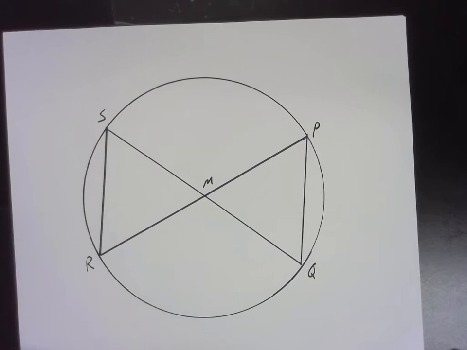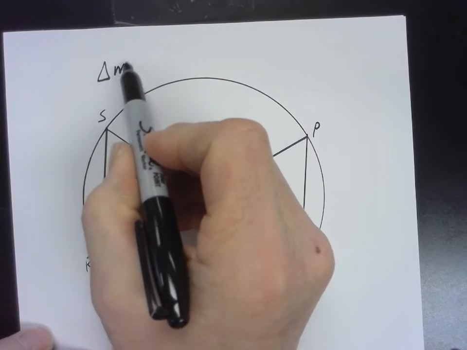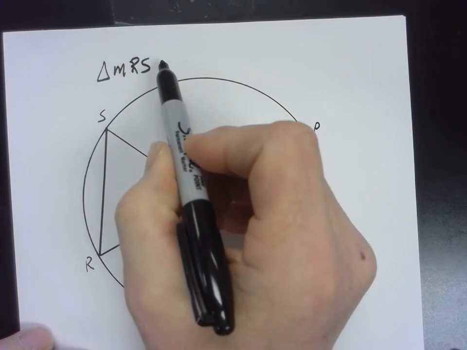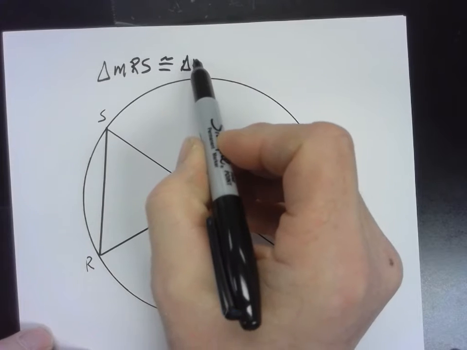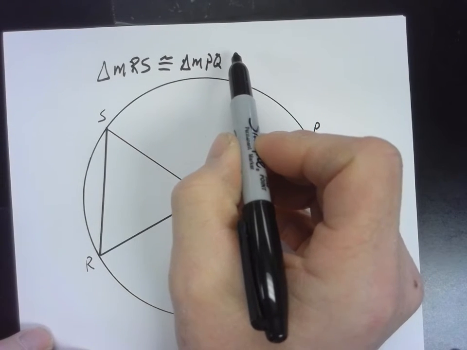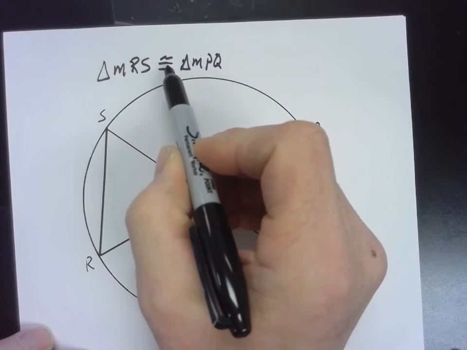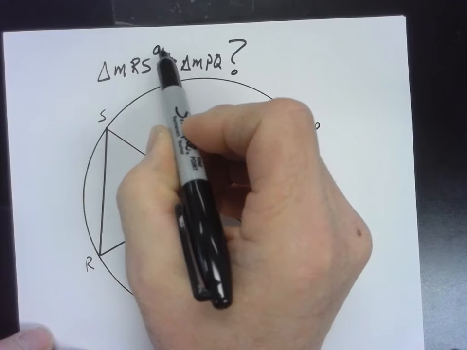What can we conclude about triangle MRS and triangle MPQ? What can we conclude about those two things?